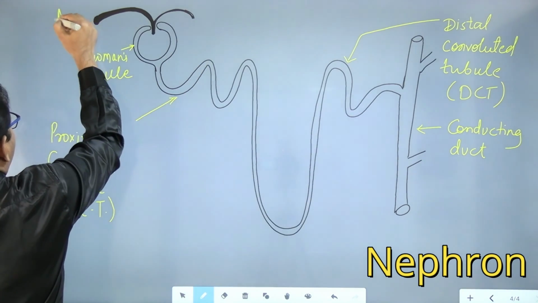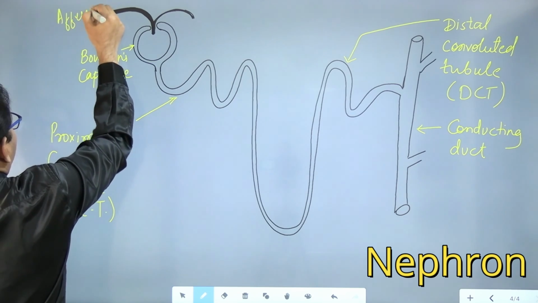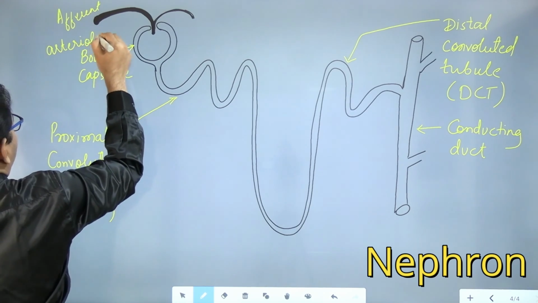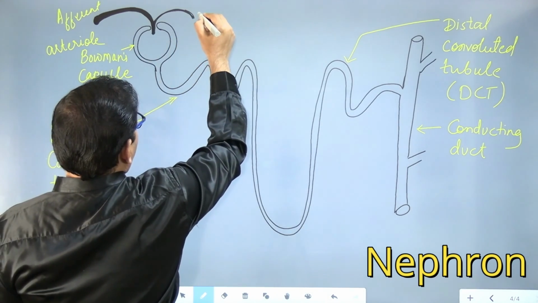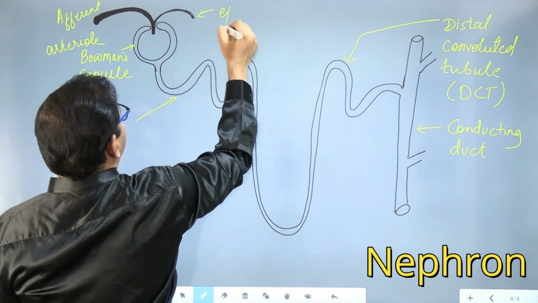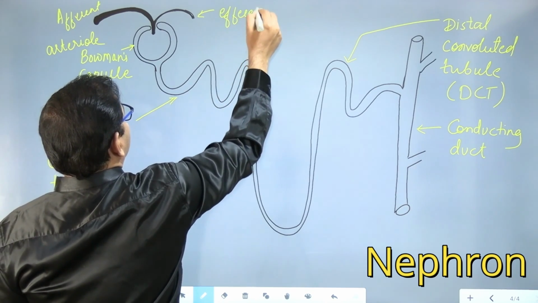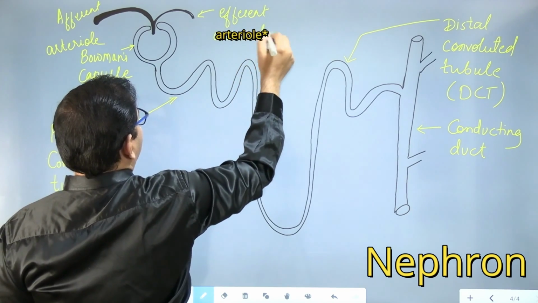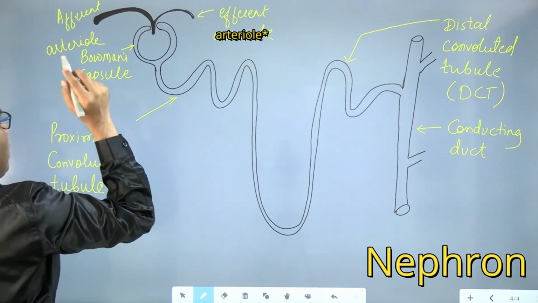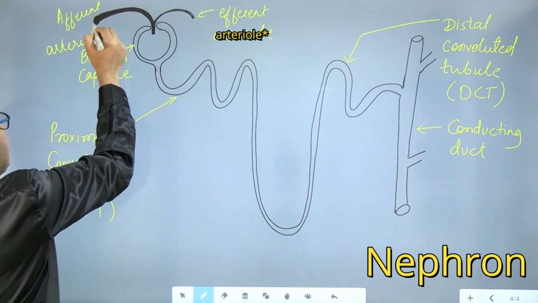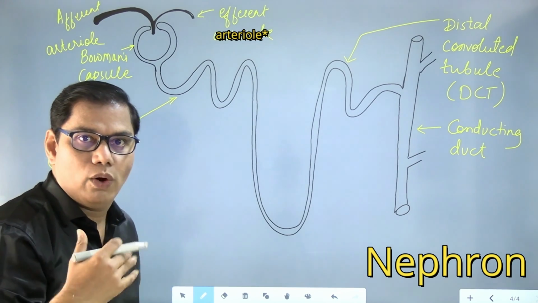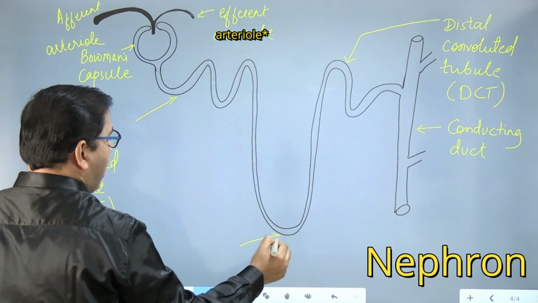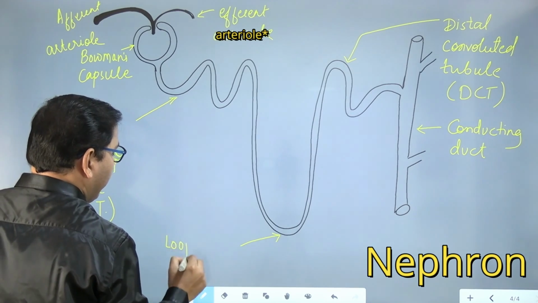So this is the afferent arteriole, and this one is the efferent arteriole. In your diagram, please don't forget to show the diameter of the afferent arteriole bigger than the diameter of the efferent arteriole. And this part is called the loop of Henle.